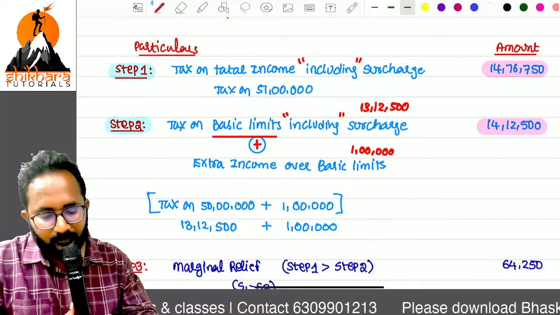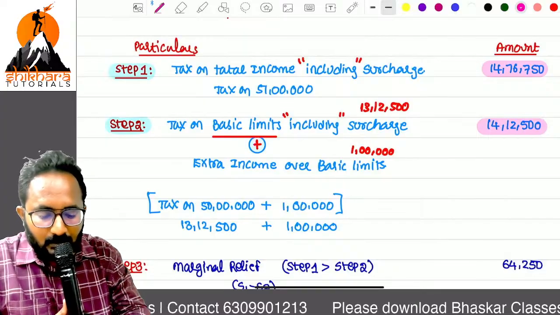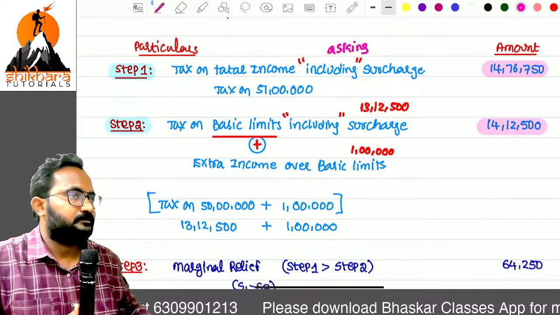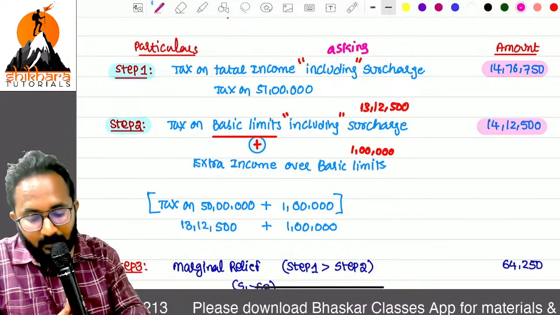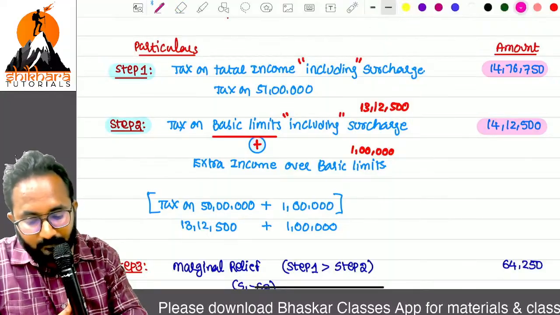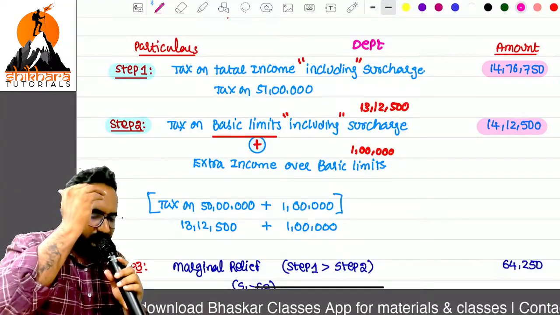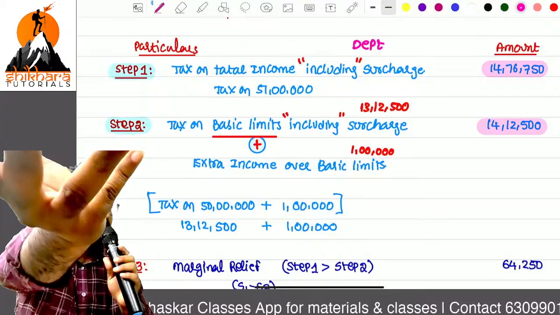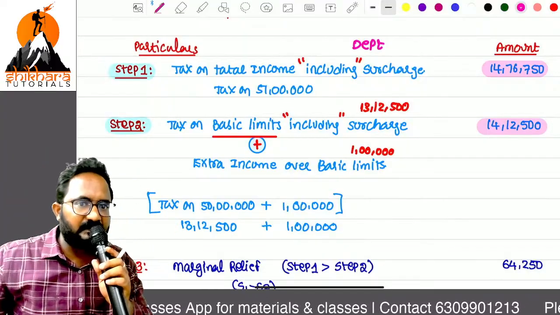Now your analysis needs to start here. Listen carefully. Sir, they are asking this amount of tax. Department is asking. Department's expectation is this one. Yes, their expectation is definitely correct only. Sir, you have 51 lakh. On 51 lakh, we calculated tax liability. You are required to pay how much? 14 lakh 76,750.